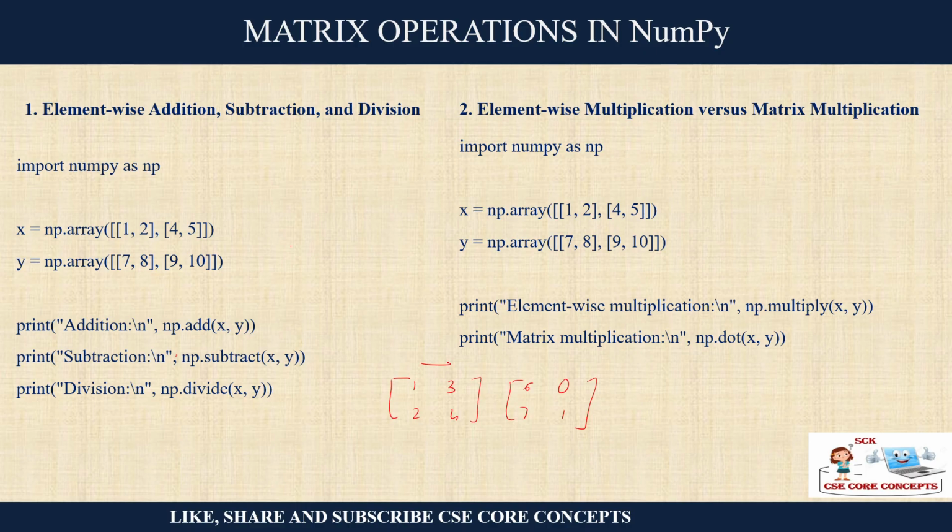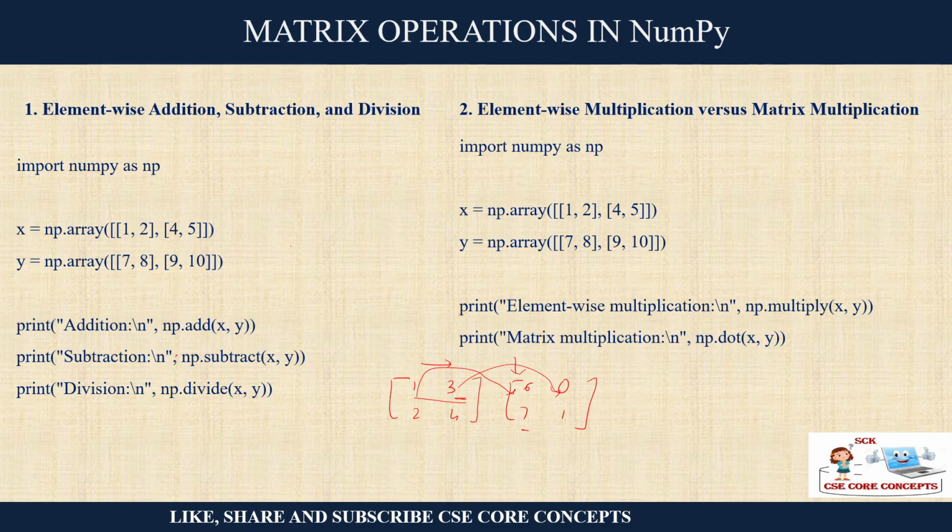So we proceed in this direction, and I will write 1 into 6 plus 3 into 7. So this is your matrix multiplication. The other multiplication that can be done here is element-wise, meaning 1 will be multiplied by 6, 3 will be multiplied by 0. So they are both different.